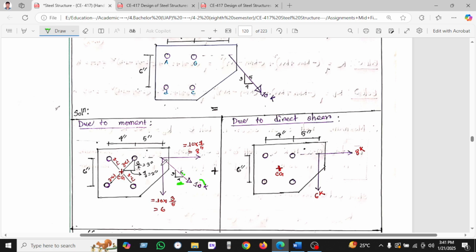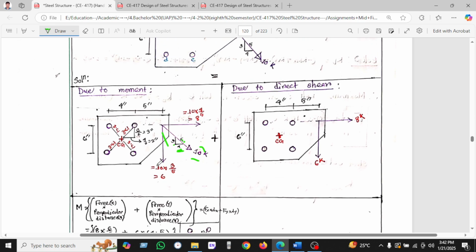When we are taking the vertical, then we will use the 3 by 5, and multiply with the resultant force, and then we will get the horizontal value as well as the vertical value. So we have been found, and due to the direct shear we have found the same value, and the CG is given here.